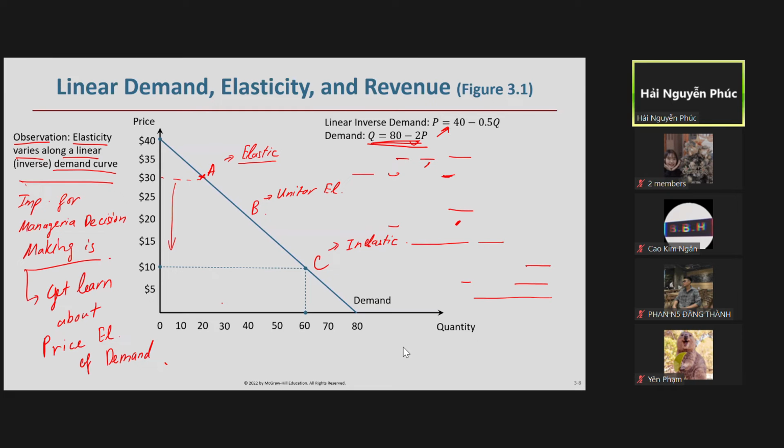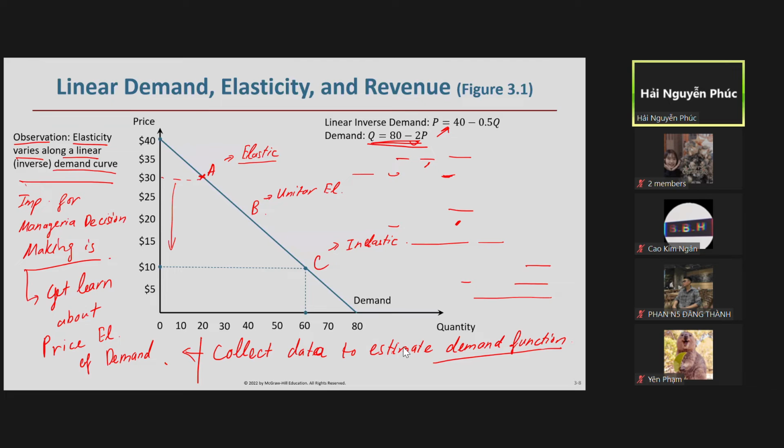Or in other words, it means that you have to collect more data in order to estimate the demand function of the firm, right?